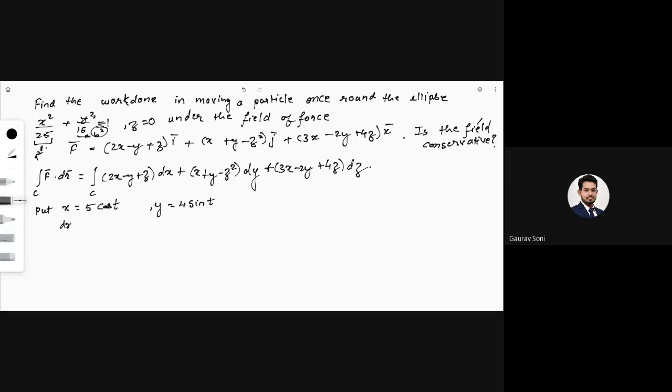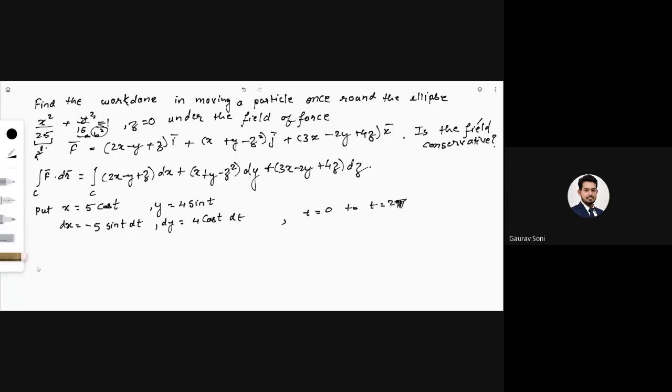What is dx? dx is equal to minus 5 sin t dt, and dy is equal to 4 cos t dt. And t is running from 0 to 2 pi.